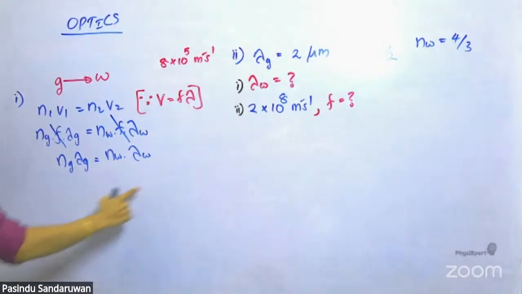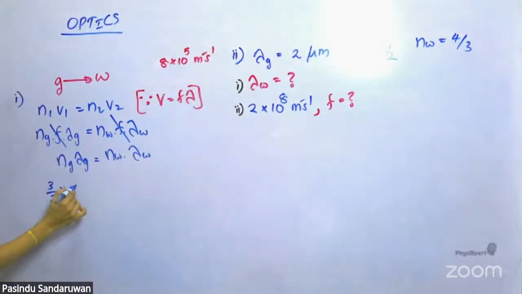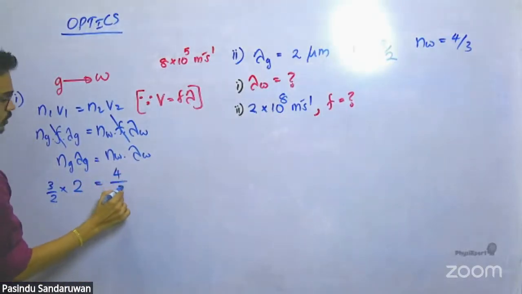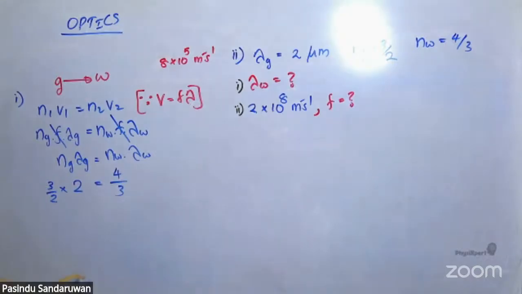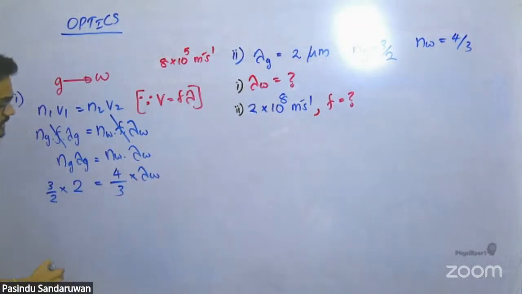Then n glass is given as 3/2, lambda glass is given as 2 micrometers, and n water is given as 4/3. Lambda water is what we need. Now the 2 cancels.